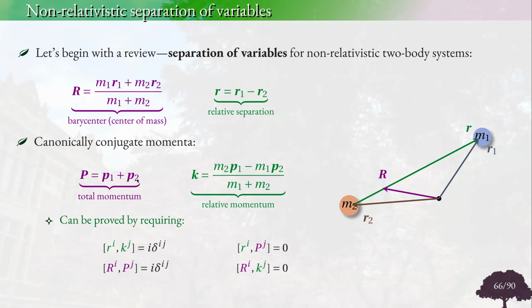And you can prove that these are the correct formulas by requiring that your relative variables and your center of mass or barycentric variables obey the canonical commutation relations, and that the degrees of freedom actually separate. So transverse separation and total momentum should commute. They do. Similar for a relative momentum and barycenter.